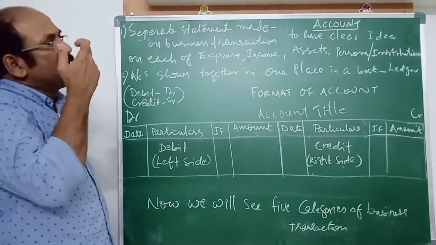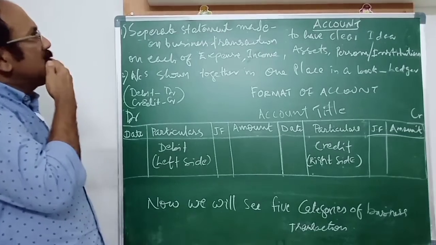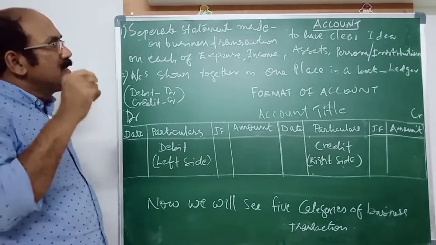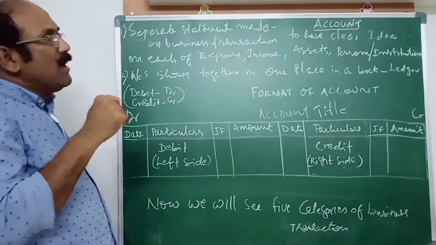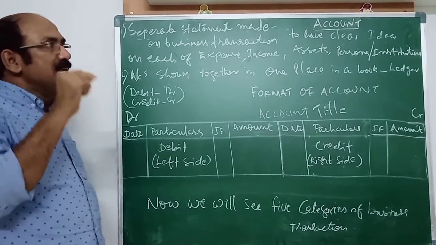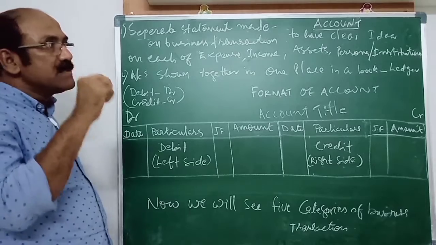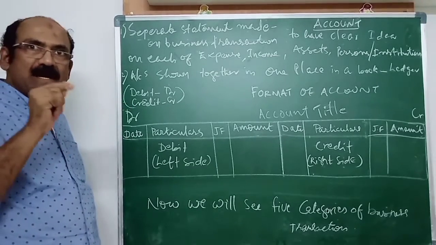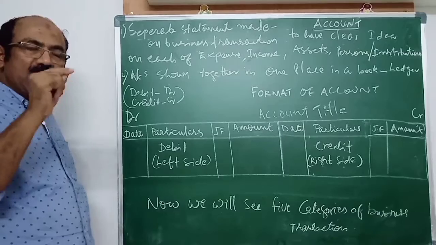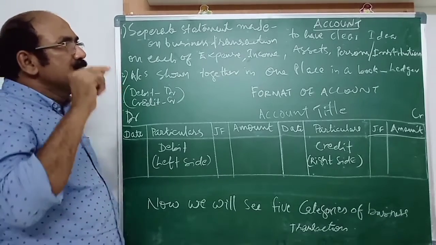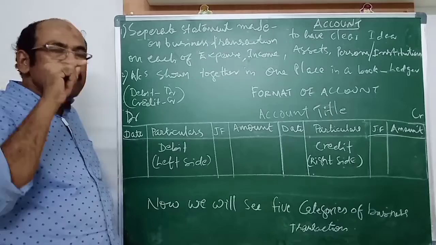See, what is account? Account is a separate statement made on business transactions to have a clear idea on each of expenses, income, asset, person, institution, etc. So a separate statement for every aspect of every expense, every asset, income, person, and institution.